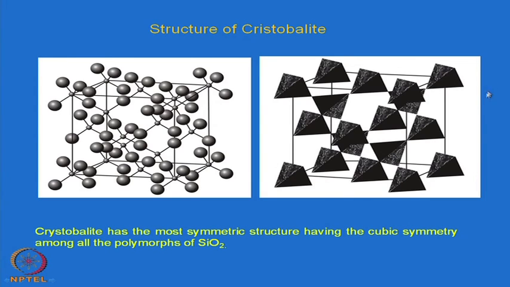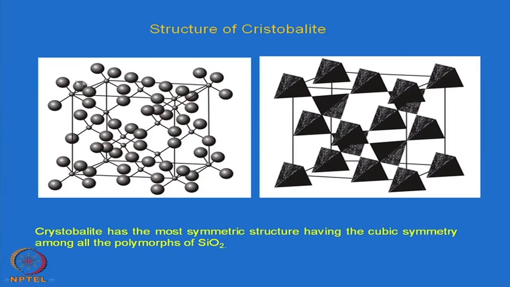So, this is a unique situation so far as the structure of inorganic compounds is concerned, at least whatever we will discuss under this course. Cristobalite has a close packed cubic structure, FCC structure, but the motif here is not single atoms, it is the tetrahedrons.